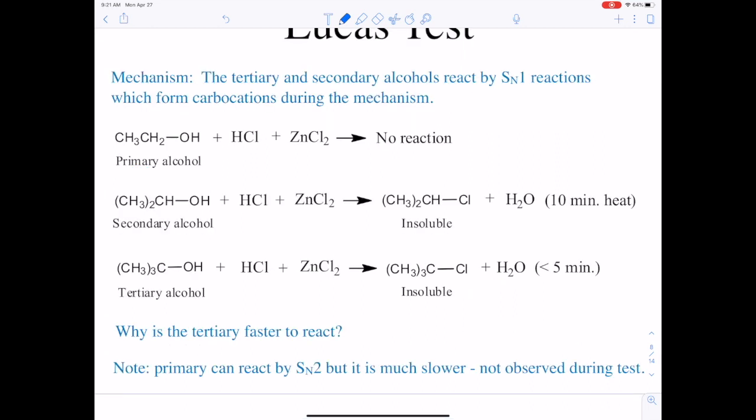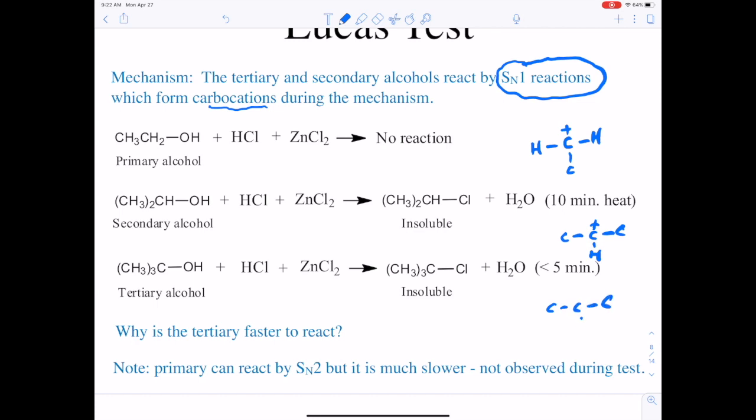We have a substitution, an SN1 reaction. And during an SN1 reaction, you form a carbocation. And if it's a primary carbocation versus a secondary carbocation versus a tertiary carbocation, the tertiary is going to be most stable.